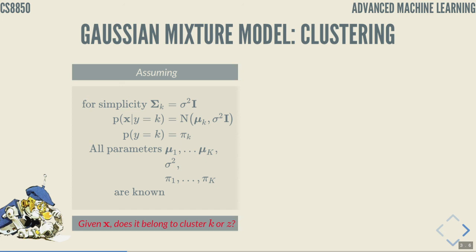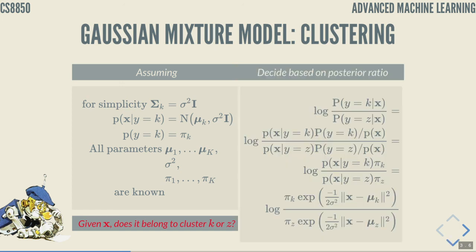Which cluster basically does it belong to? We can do so, as you know, based on the posterior ratio of cluster k over cluster j, the log. Those are the posteriors, using the Bayesian probability inversion formula. Now the evidence cancels out.